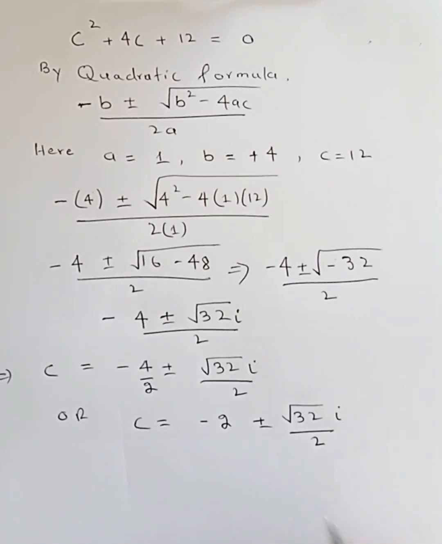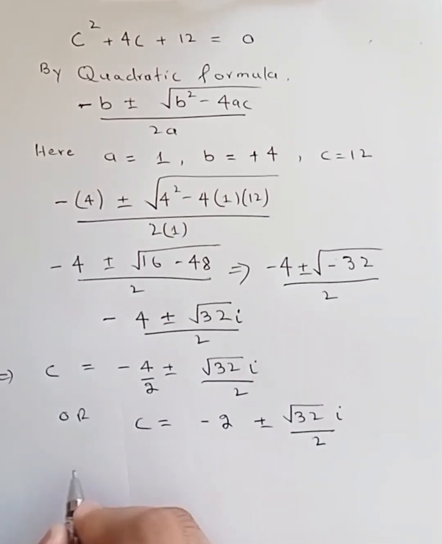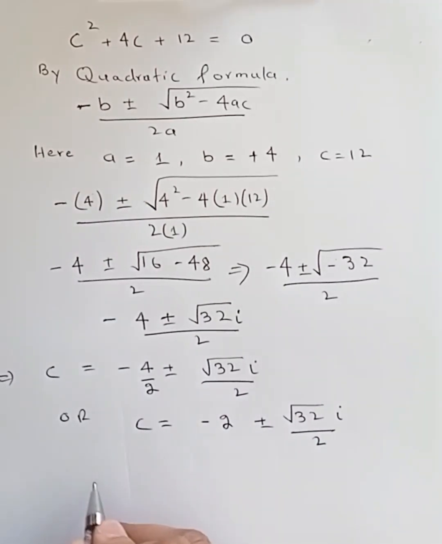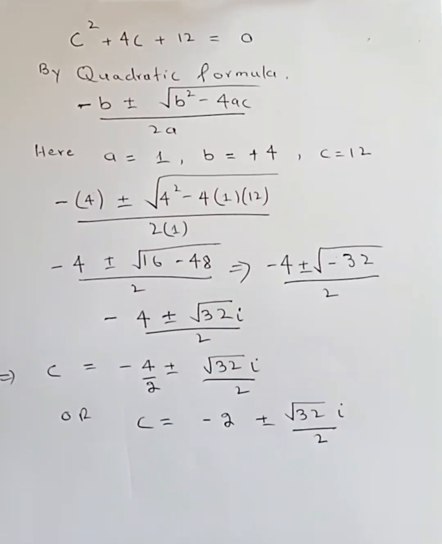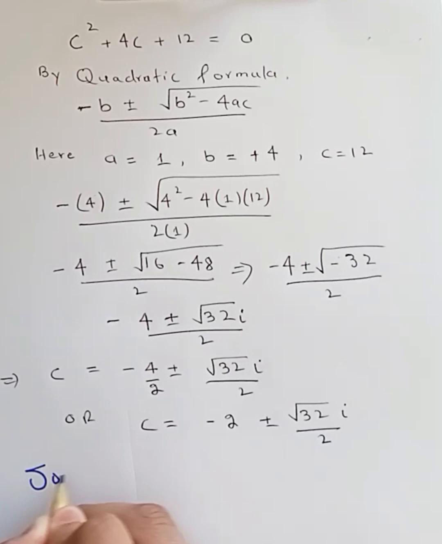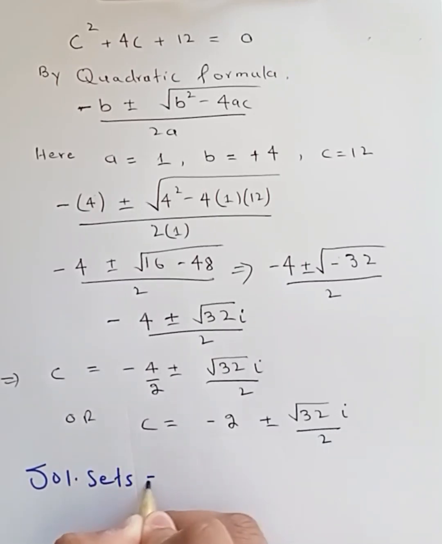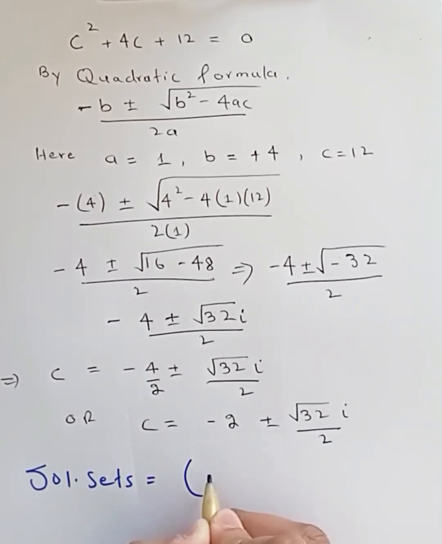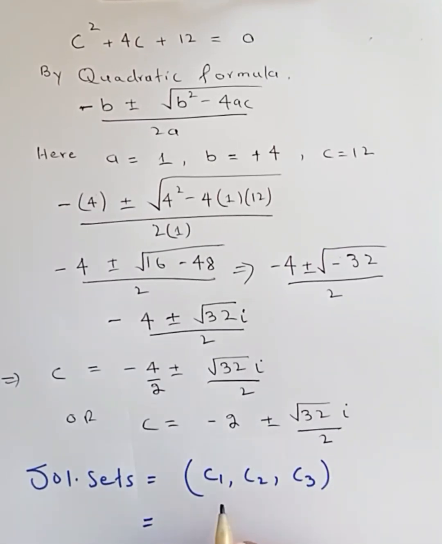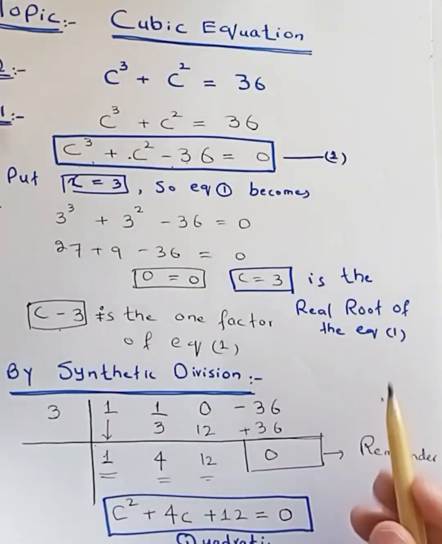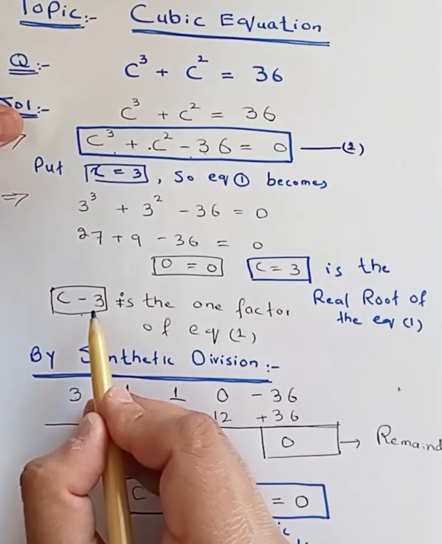So basically for this cubic equation we have three solutions. The solution sets are c1, c2 and c3. c1 we found on the previous page: c is equal to 3.